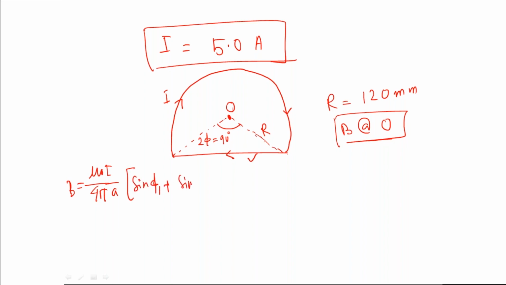This formula is for the straight part, and for the curved part, I had already written for you. Again Biot-Savart's law, mu 0 I by 4 pi, then summation of dl sine theta by r square. These are the two formulas you have to use here.